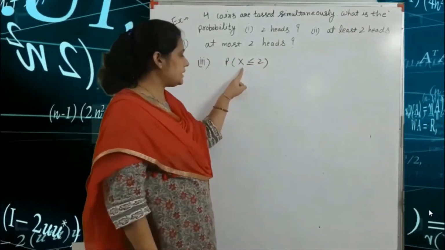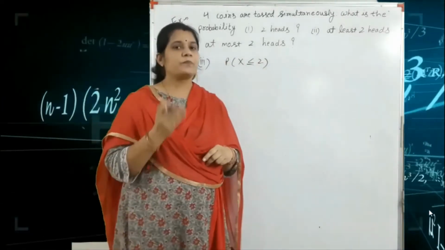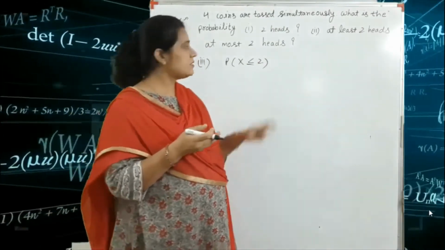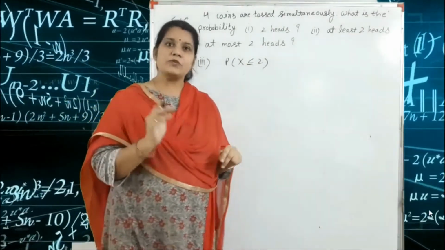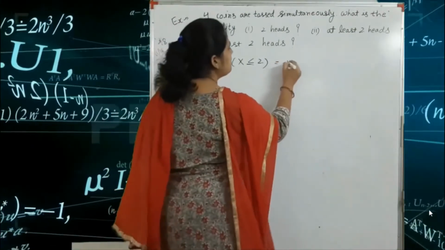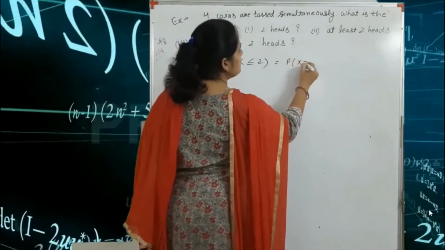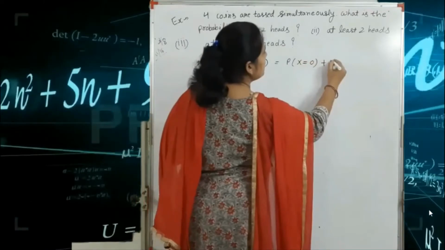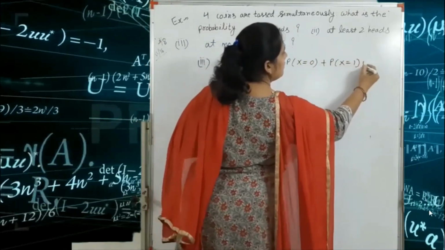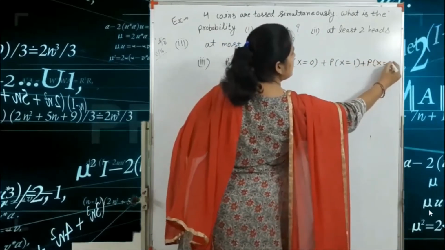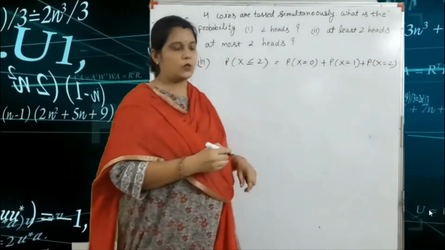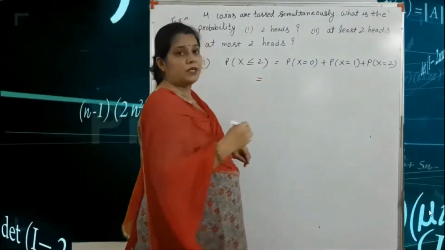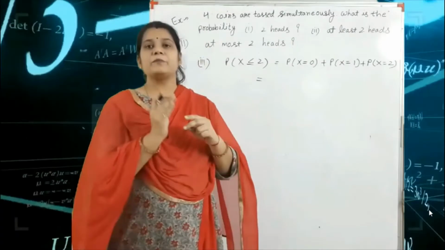That means P(x = 2), P(x = 1) and P(x = 0). Okay, so we write here P(x = 0) plus P(x = 1) plus P(x = 2). Okay, so expand this using the binomial distribution.